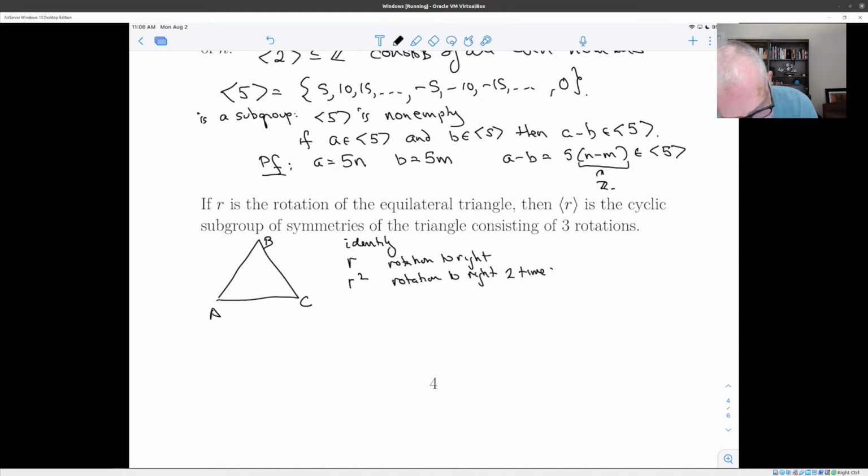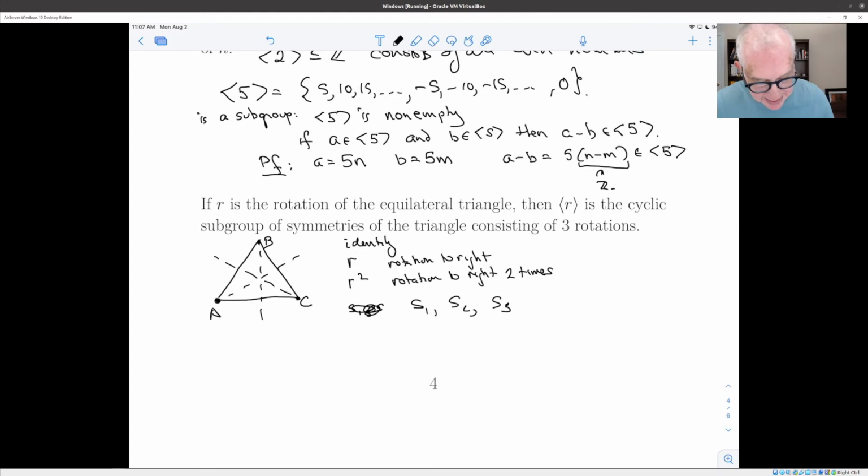And then finally, there were the 3 reflections, corresponding to whether you fixed A and reflected around B and C, fixed B and reflected around A and C, or fixed C and reflected around A and B.